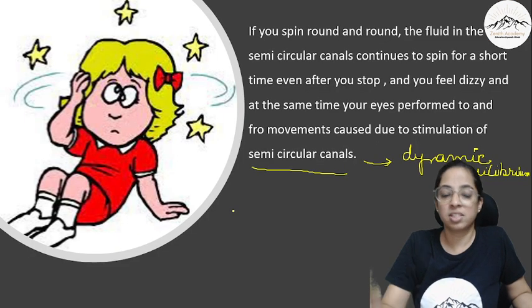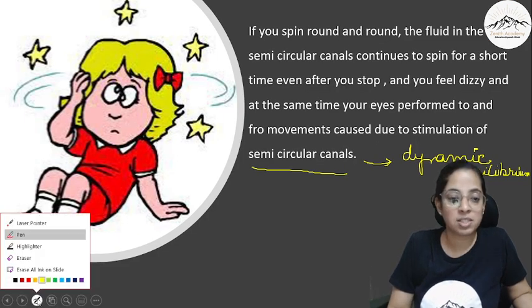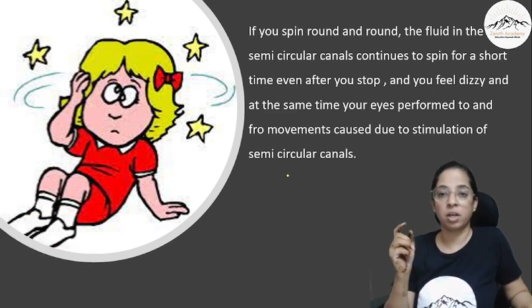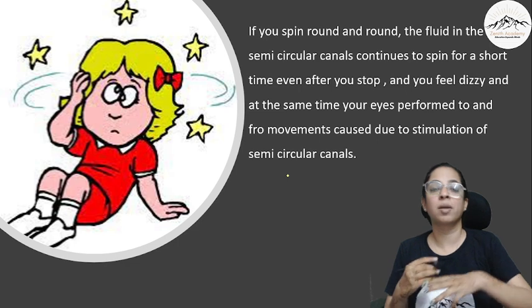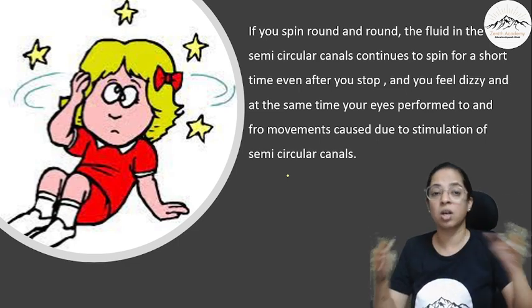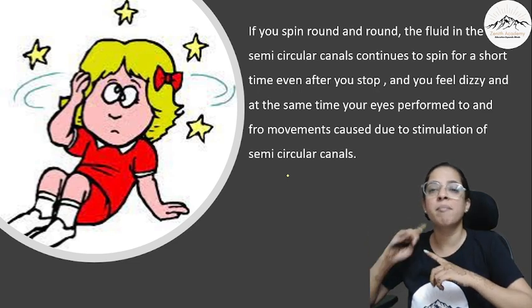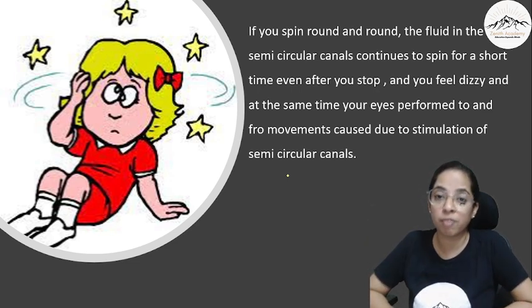Now this is very interesting. Listen to me. If you keep on spinning round and round, like when you are performing a dance or kathak, then the fluid in the semicircular canals also continues to spin for a short time.